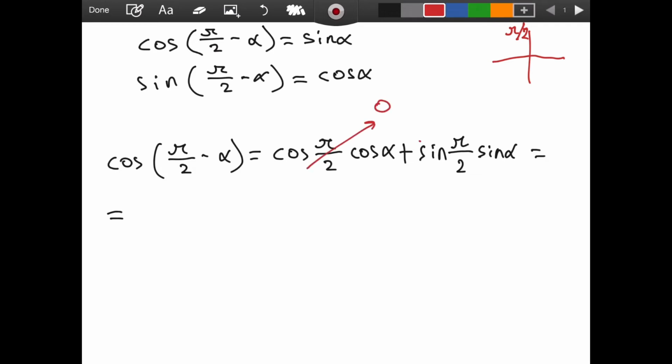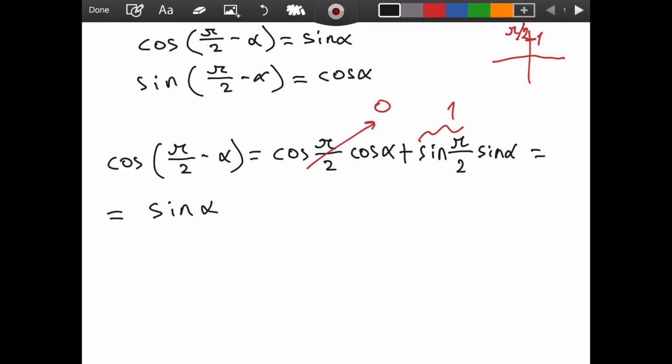Similarly, when we are at this point, the y coordinate is 1 because we have a unit circle, and since sine gives us the y on a unit circle, sine of pi over 2 is 1. So look at this. We are already halfway done. This is equal to sine of alpha. So we proved the cofunction relation for cosine.